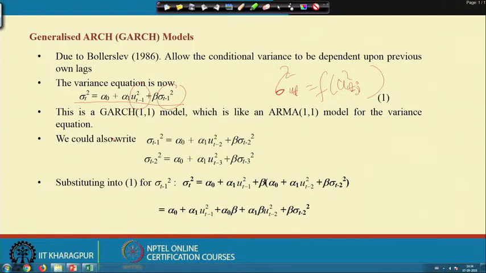Now, exactly the same in the case of GARCH, and we call it GARCH 1 1. That means the first one is related to the square of the error component, and the second one corresponds to the lag of the error variance.